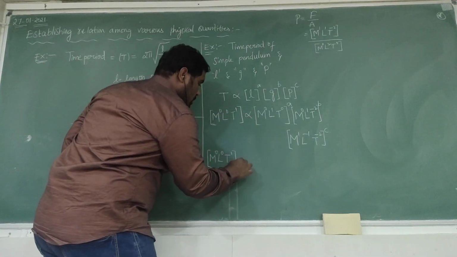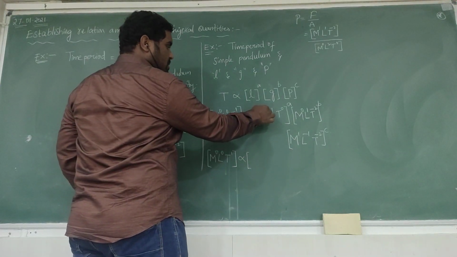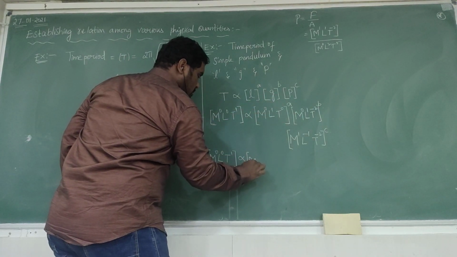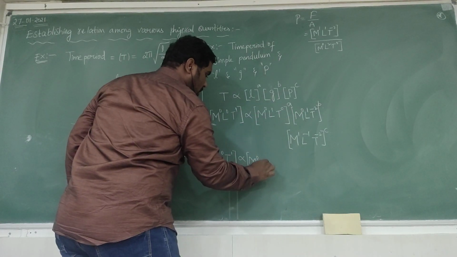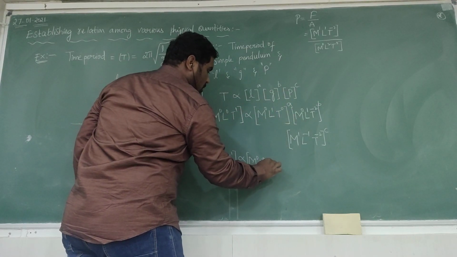See here. So proportional to first M power 0, 0 into a, 0 only. So this is M0. L power 1, 1 into a, that is L power a. And T power 0, 0 into a, T power 0.